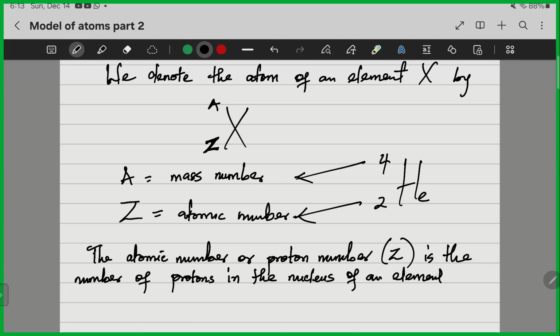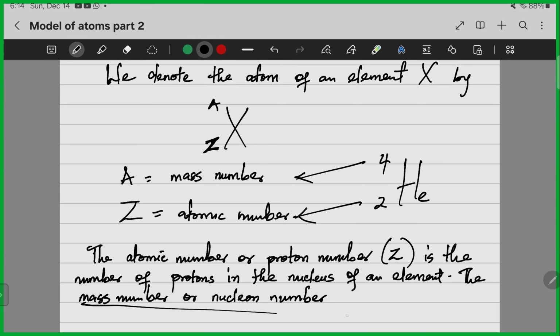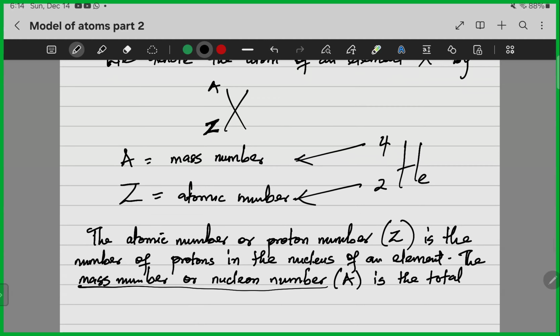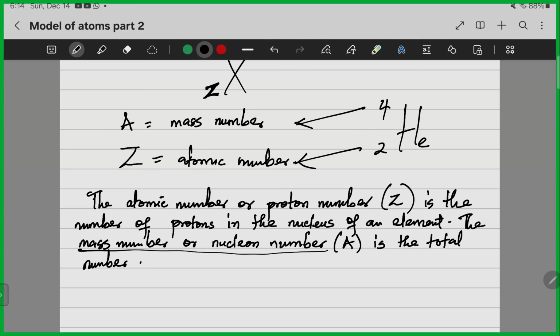The mass number, or nucleon number, which is the one denoted by A, is the total number of protons and neutrons in an atom of an element.